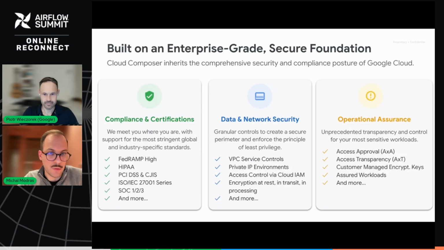Also, it comes with a very advanced networking and data security toolset. For example, VPC Service Controls, VPC-SC, enabling you to control which kinds of services your environment is allowed to communicate with. Private environments described before, integration with Cloud IAM.